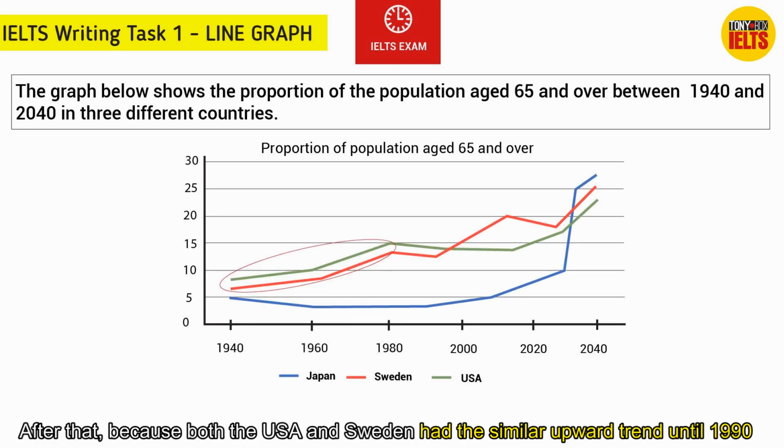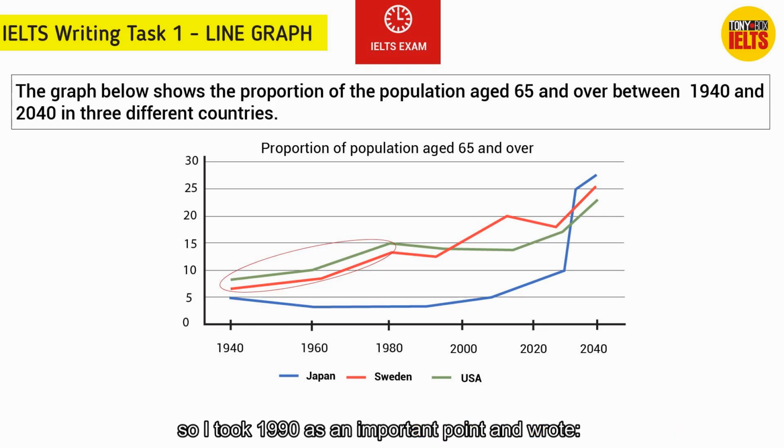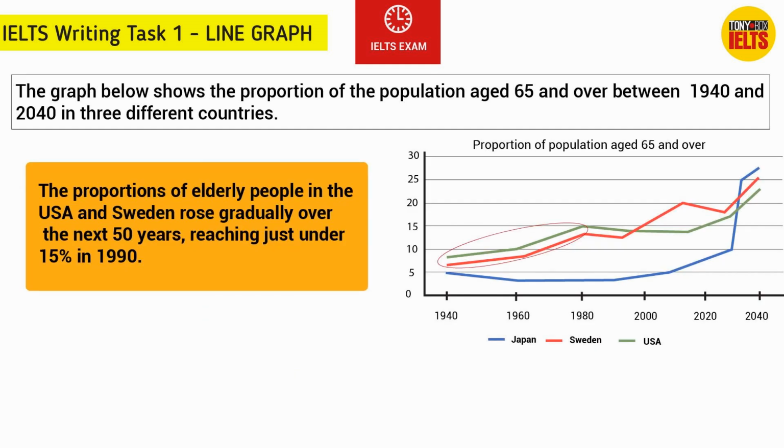After that, because both the USA and Sweden had a similar upward trend until 1990, I took 1990 as an important point and wrote, "The proportions of elderly people in the USA and Sweden rose gradually over the next 50 years, reaching just under 15% in 1990."